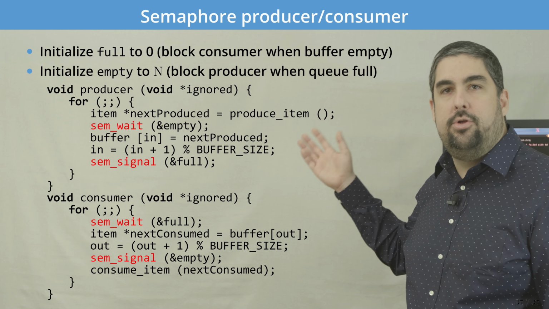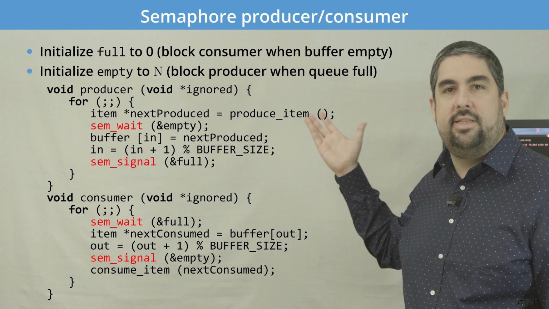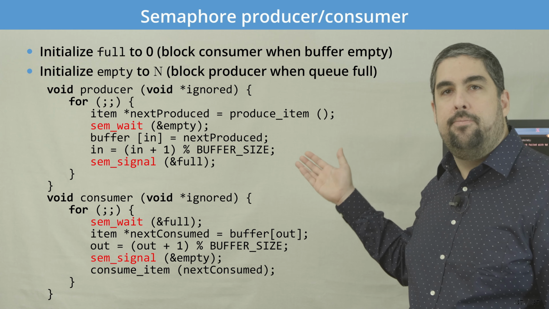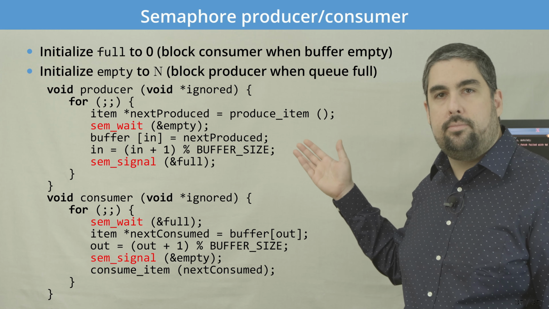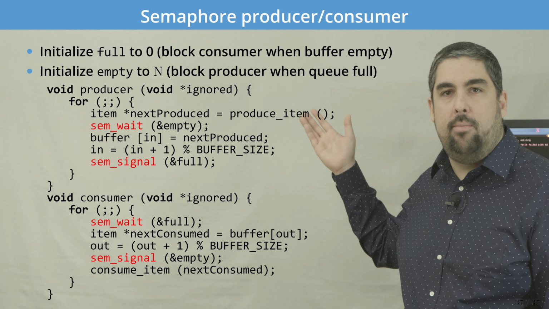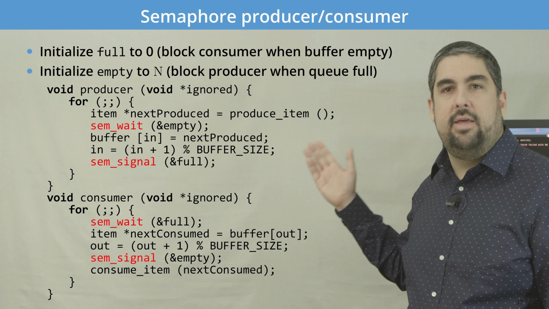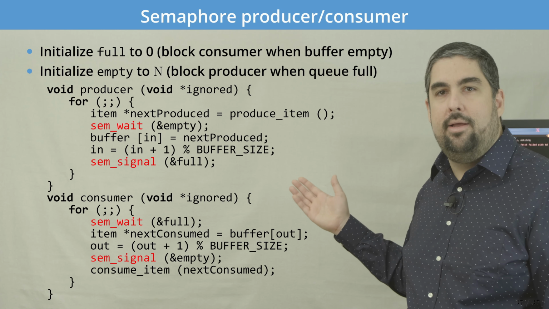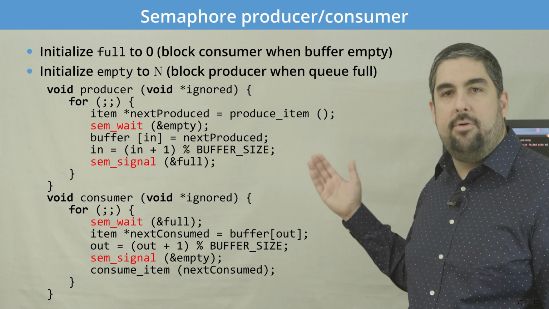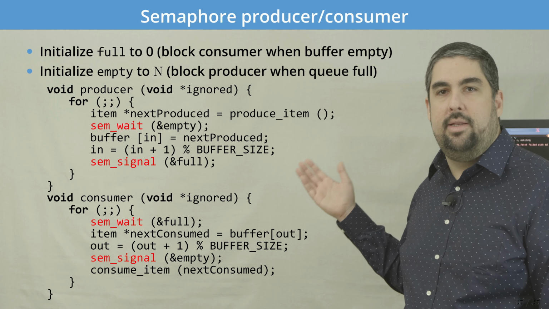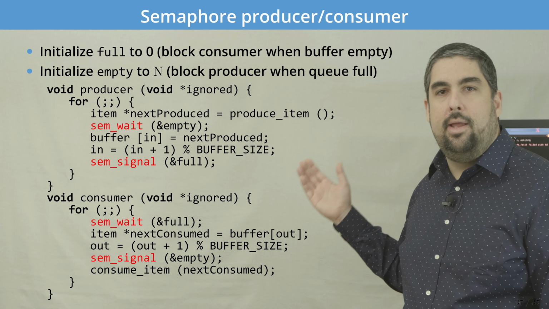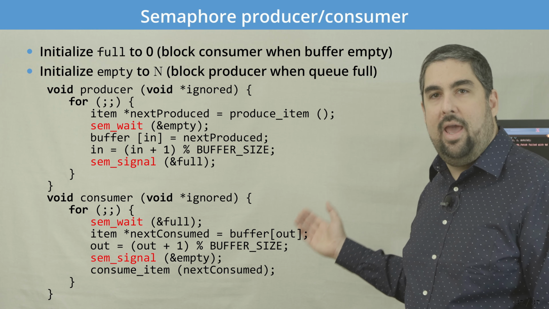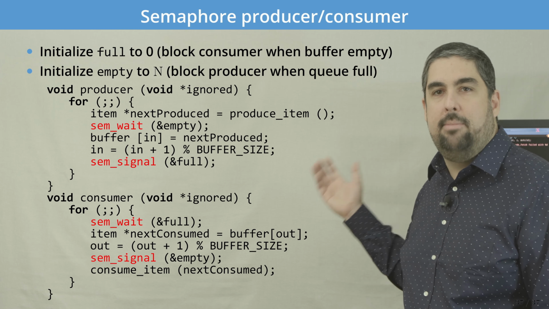So we can produce n items before we sleep on this semWait call, because we are blocked by the semWait until the buffer is completely full. Similarly, the consumer can run waiting on the number of times that full has been signaled. And semSignal will be sending signals to the empty semaphore to tell the producer that it is able to produce new items.